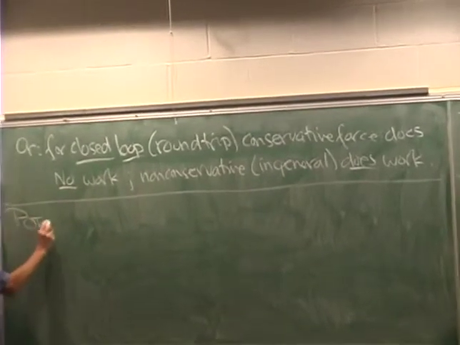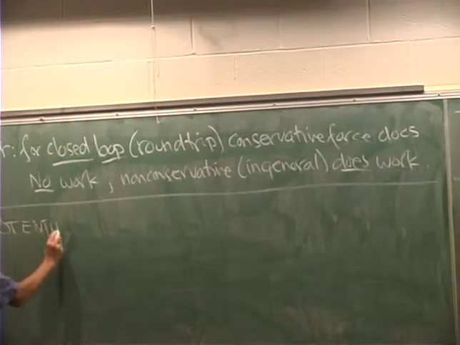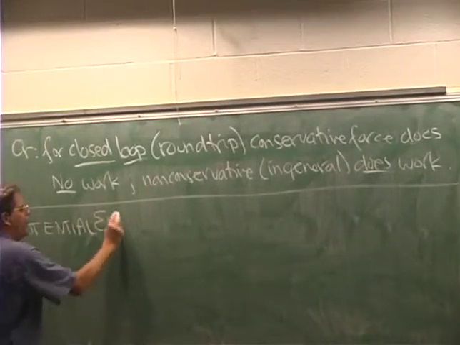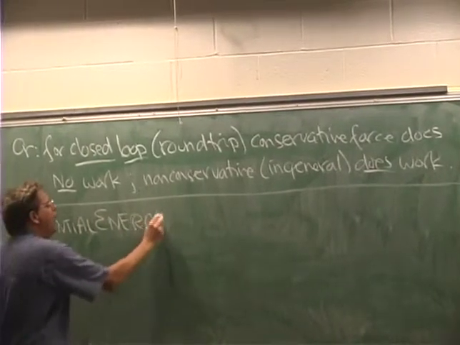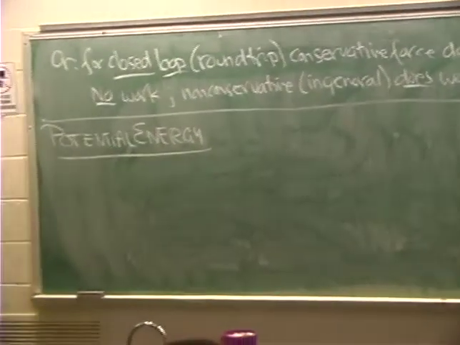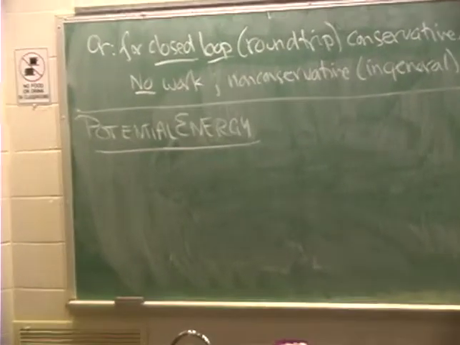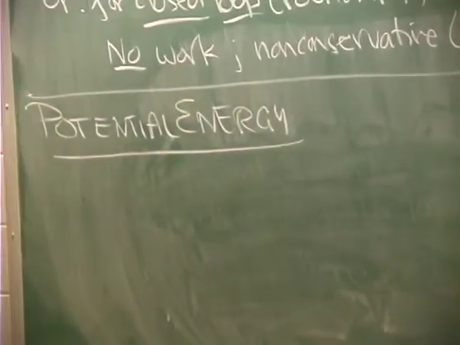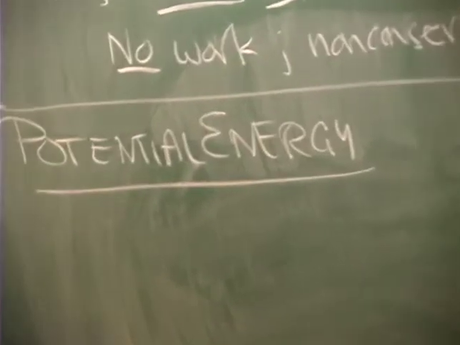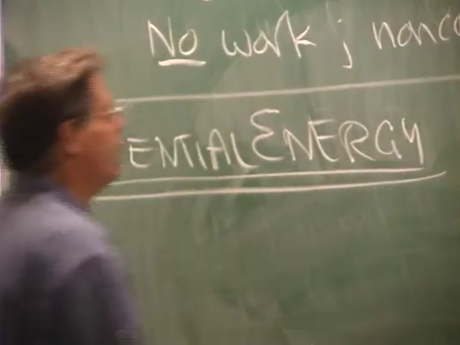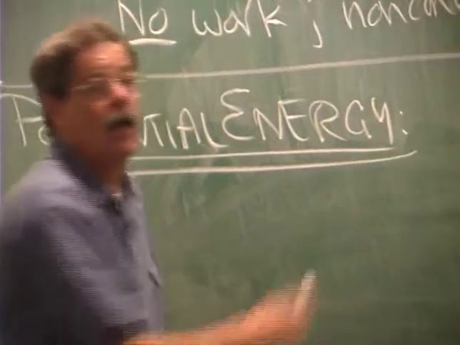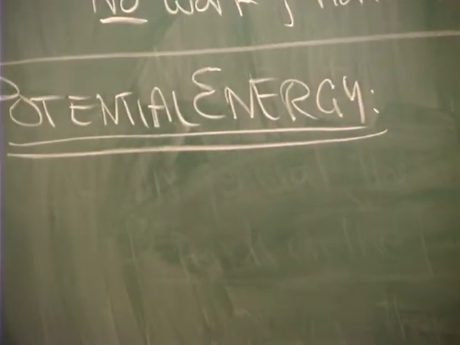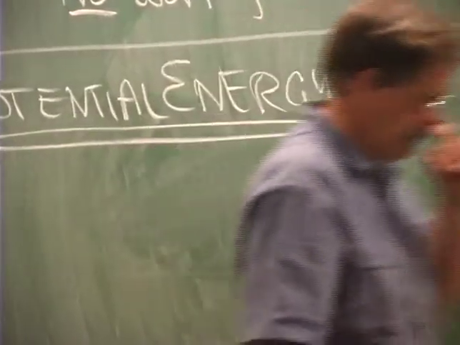The next topic is potential energy, a word I've been scrupulously trying to avoid using up until now, although a lot of you I know are already familiar with it, so you've been using it back to me, but I've been trying to avoid it because I didn't want to introduce extra terminology until this point here.